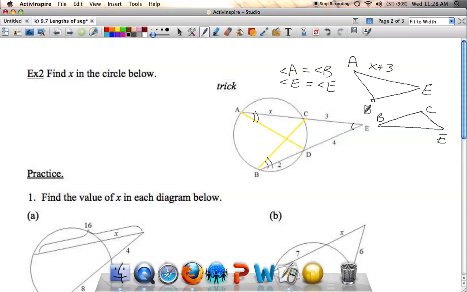DE is 4. EB is 4 plus 2, which is 6, and CE is 3. So if you line everything up correctly, you'll have the following relationship. That 4 is to x plus 3 as 3 is to 4 plus 2.